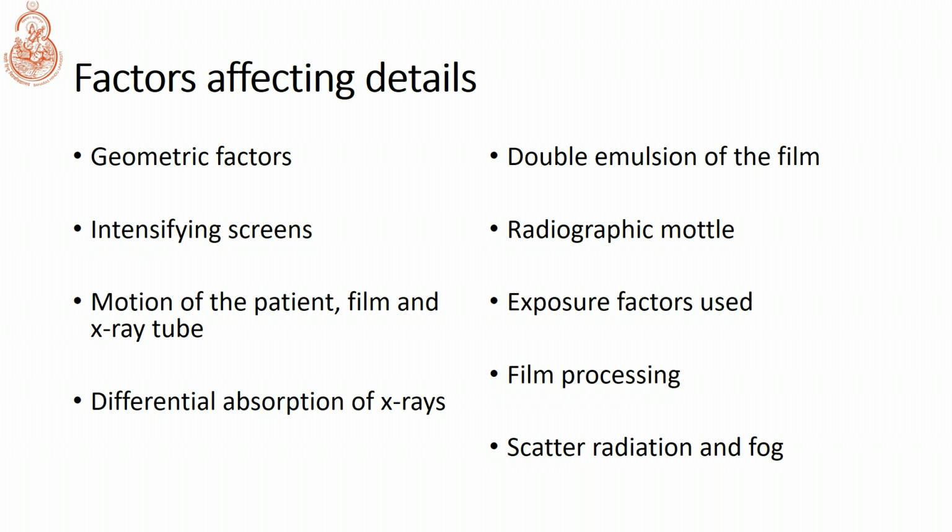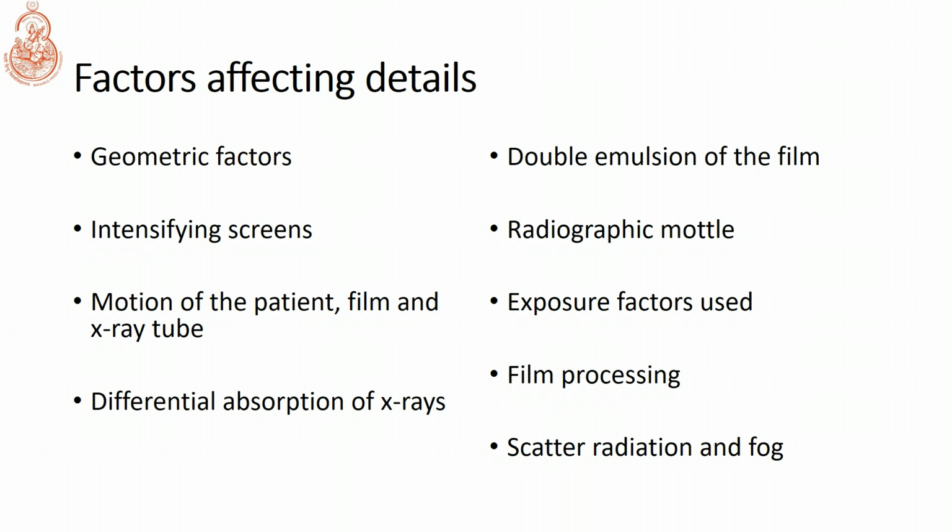What are the factors that affect the radiographic details? The first one is the geometric factors, intensifying screens, motion of the patient, film and X-ray tube, differential absorption of X-rays, double emulsion of the film, radiographic mottle, exposure factors used, film processing technique, and the scatter radiation and the fog.